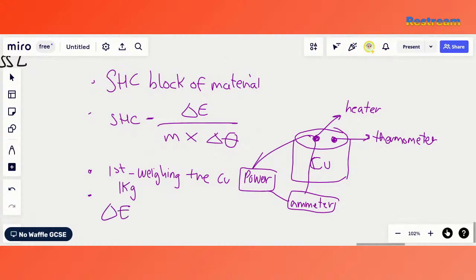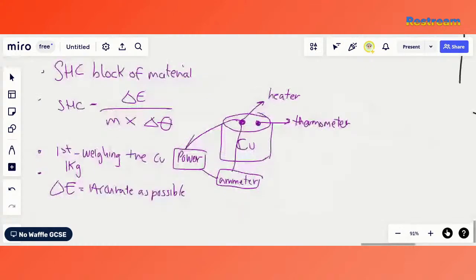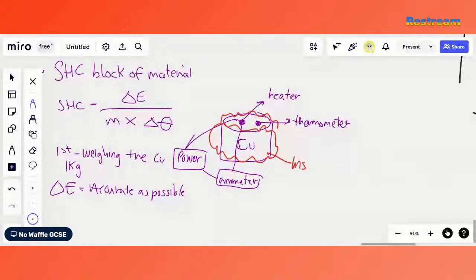So in order for the change in energy to be as accurate as possible, you want to make sure you've got an insulating layer. So imagine this red thing is a bit of newspaper around it. Insulation.